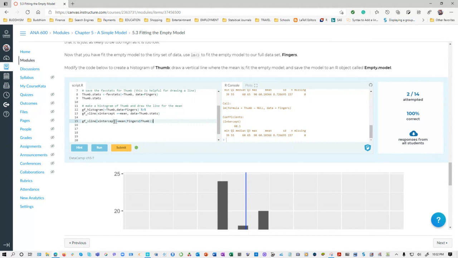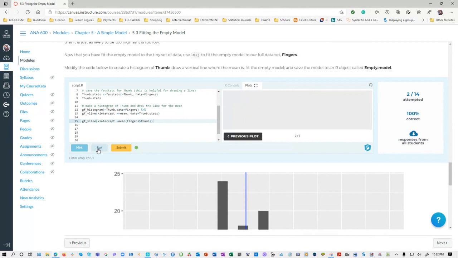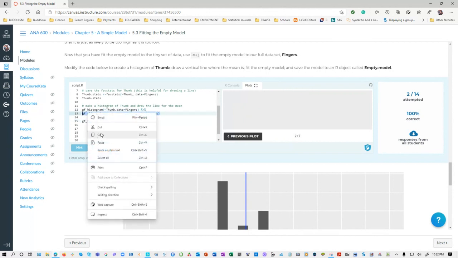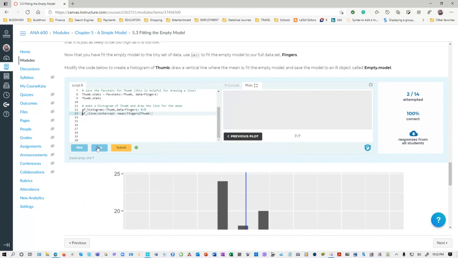Its mean is assigned to x-intercept, where you draw the vertical line. It's the same. Okay, now we get it. See, same.